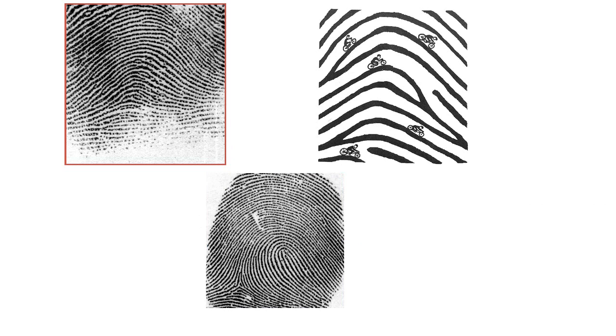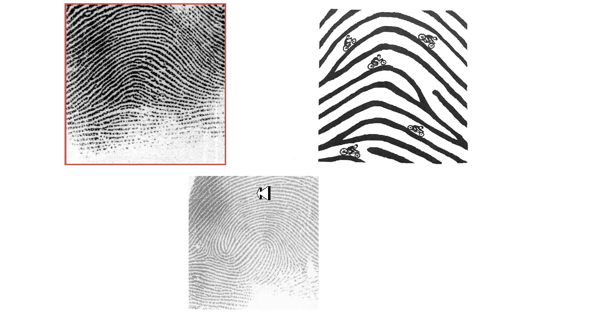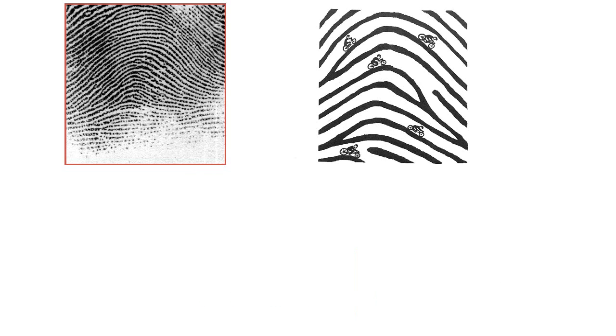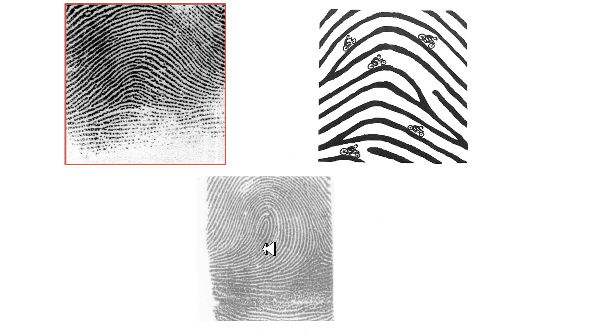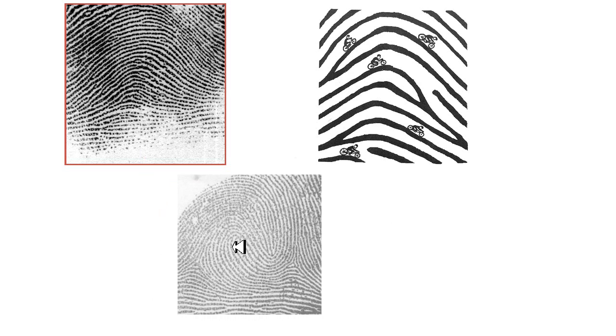If the pattern looks consistently different than the analogy or the exemplar, you can make an exclusion. You may not know what the other print classification is, but you can determine that it is not a plain arch. And this is a great way for you to build up your visual reference file on what patterns look like. And again, these are all in the proper orientation for comparison.